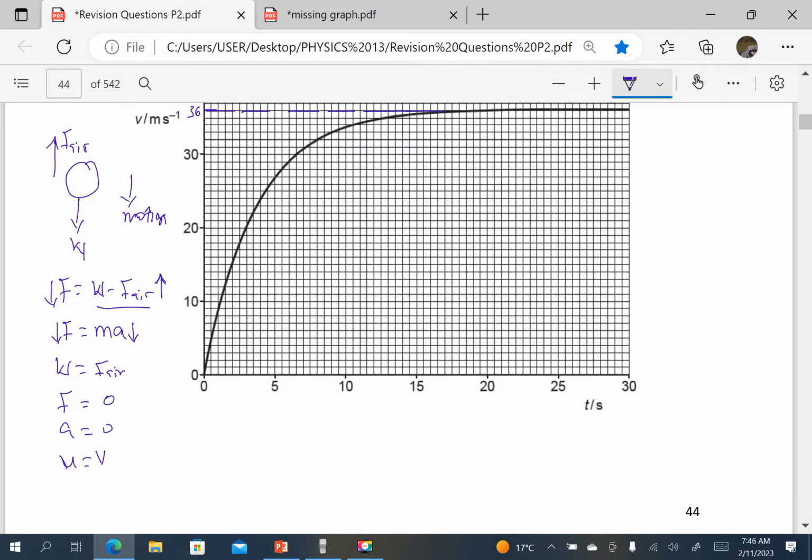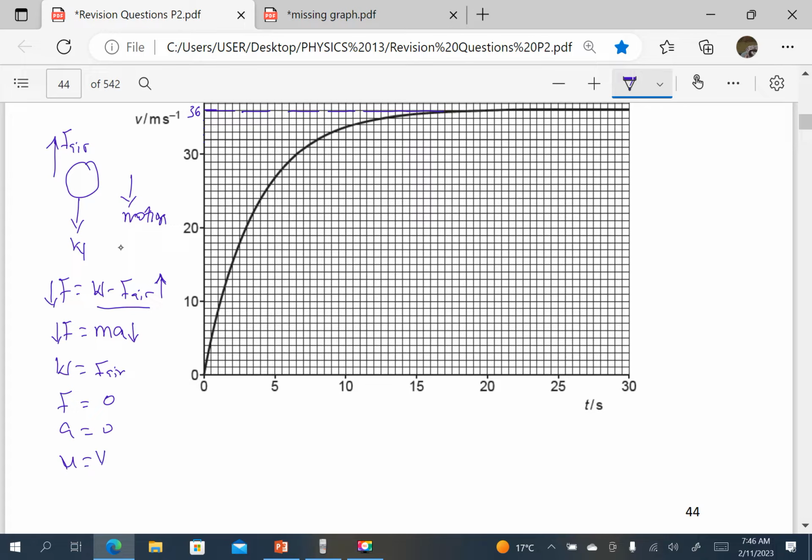Therefore, we are saying that air resistance increases with the speed. As speed increases, air resistance increases, which means the resultant force on the stone decreases as speed increases, which also means acceleration decreases as speed increases.